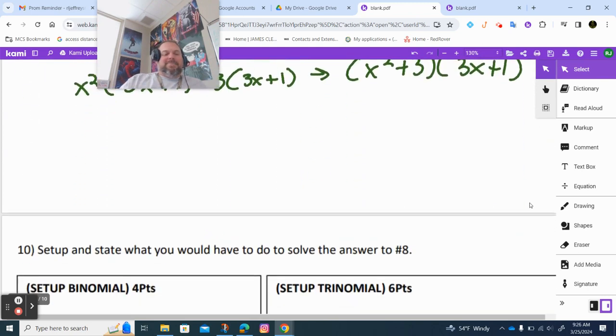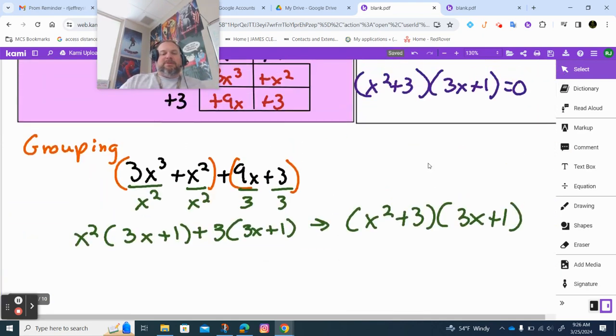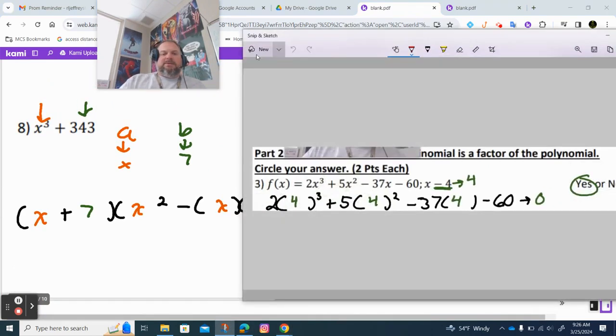All right. Number 10. So we're going to use our answer from number 8 to set this up. So let's go back up here to number 8, grab our answer from number 8.